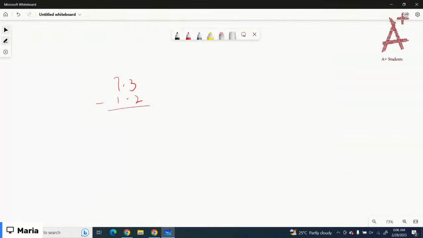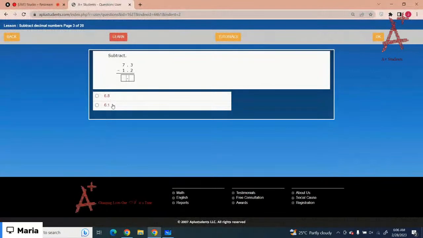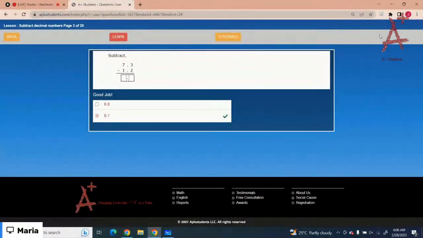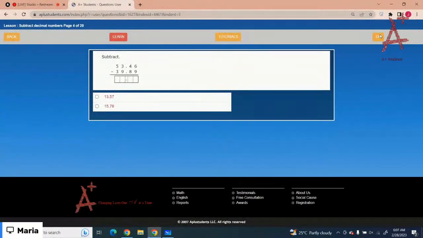So 3 take away 2 is 1 and 7 take away 1 is 6. So it would be 6.1. Got it? So the correct option is 6.1. Not 1.6, it is 6.1.